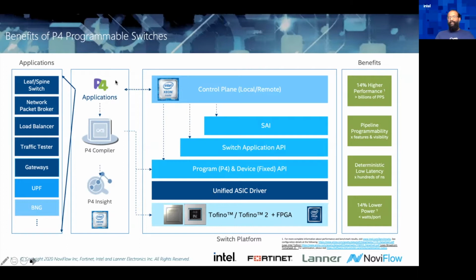You can also develop the P4 code on the control plane processor itself if it's powerful enough. But for simplicity's sake, I'm showing the development happening on a separate server.